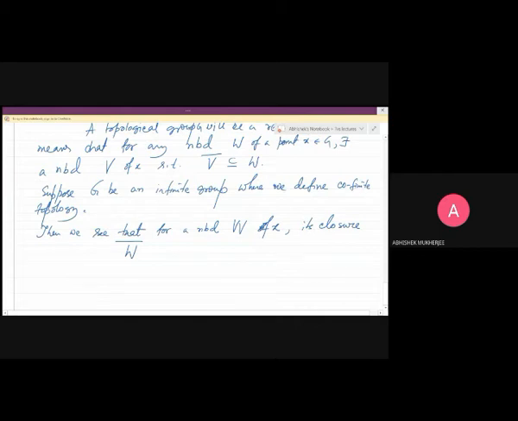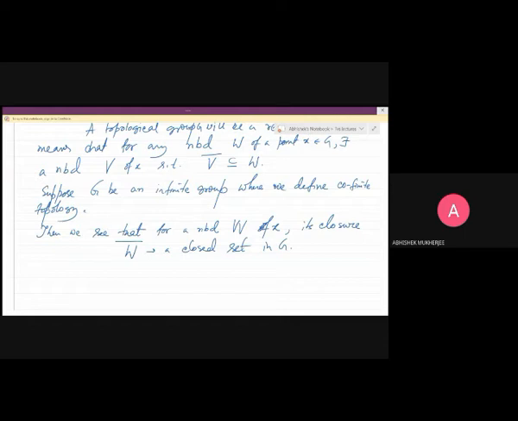So that means this is a closed set in G. Now what does it mean?